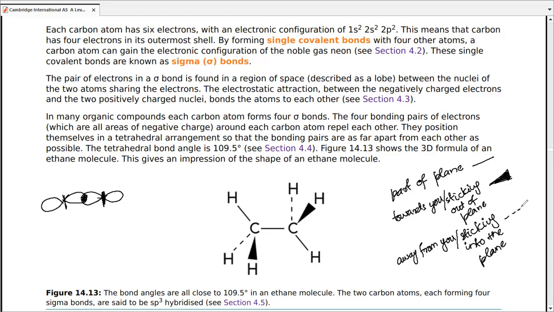That is usually shown with a dotted line. You can also show it as a dashed line. The dashes are supposed to go like a wedge, a little bit smaller at the start and bigger at the end. The dotted line means away from you. That's how the entire three dimensions are shown.